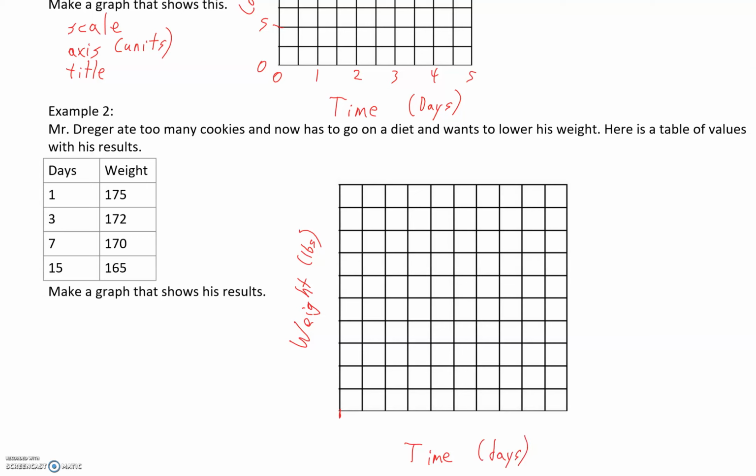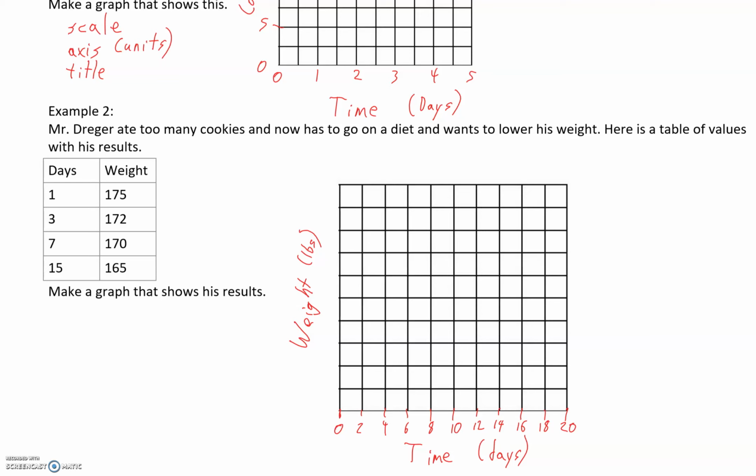Okay, so this will be day 1, day, and then I think I decided that this could be all the way to actually day 0, and then I could go by 2: 2, 4, 6, 8, 10, 12, 14, 16, 18, 20. Yeah, so I'm going to end on day 15 roughly.